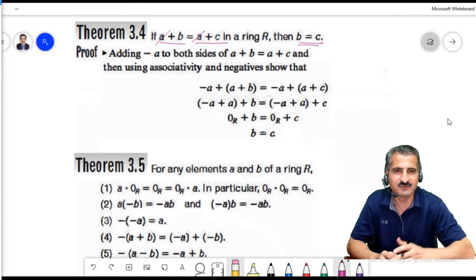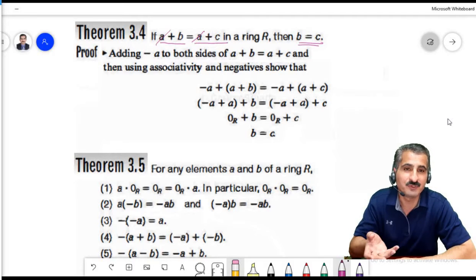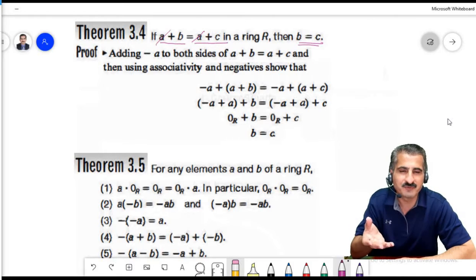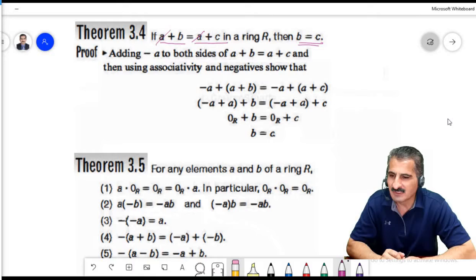It was an intuitive thing for you when you used to work with numbers. Numbers were coming from Z or Q, the rationals, or R, the real numbers. And all of these are rings. So you can do cancellation for addition intuitively. But this cannot happen in a system which is not a ring. But so far you did not deal with systems that are not rings to see where this might not be happening.